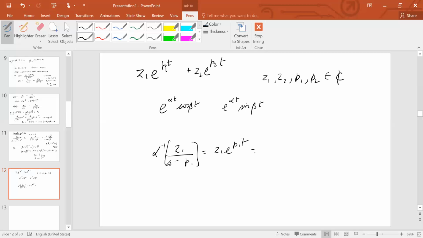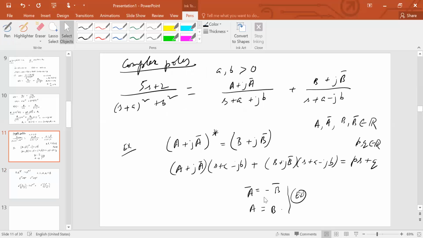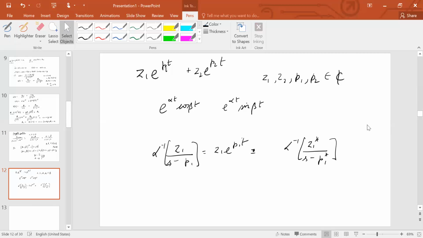And let's say you have Laplace inverse of z1 conjugate over s minus p1 conjugate. Now, if you have a real polynomial with real coefficients, the complex poles will appear in complex conjugates, right? And the coefficients will also be conjugates, as we have seen as part of this particular exercise here. So do that exercise and you will be able to see why it follows. Then you will be left with z1 star e to the power p1 star t, right?